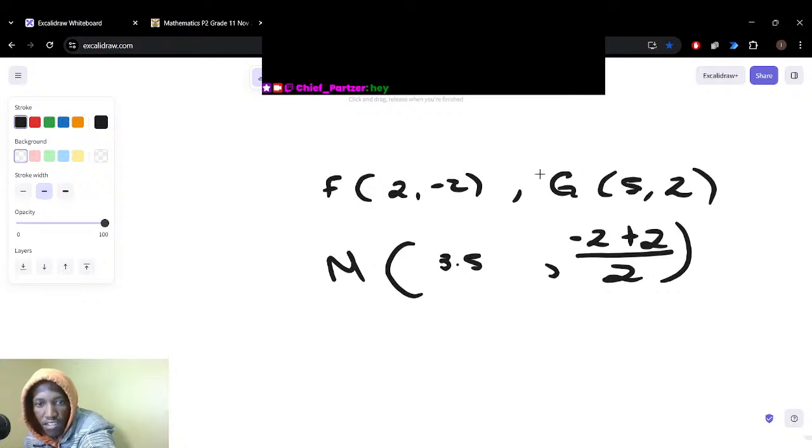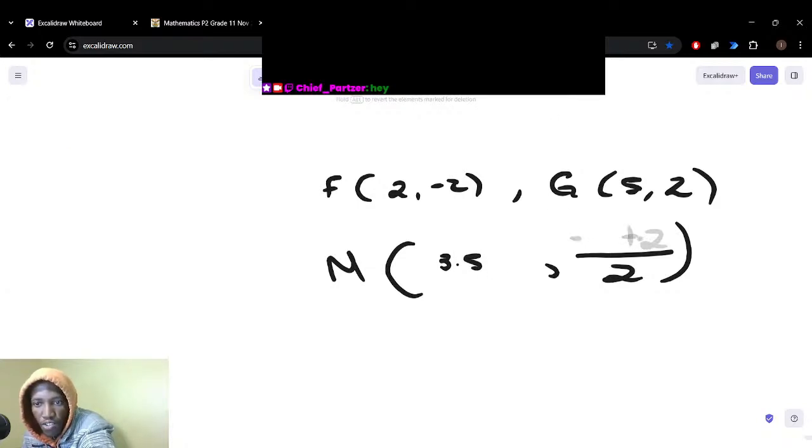Just write it in point form. So minus 2 plus 2. Wait, what? Minus 2 plus 2 is equal to 0.